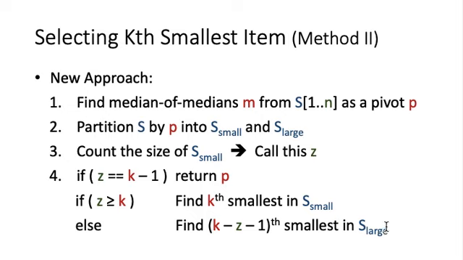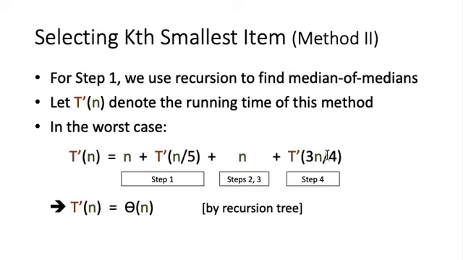We are not going to search both of them, only one. And searching S small or S large won't be a difficult problem, because the size of them is bounded by 3n over 4. So the time for the searching in step 4 is at most T prime of 3n over 4.